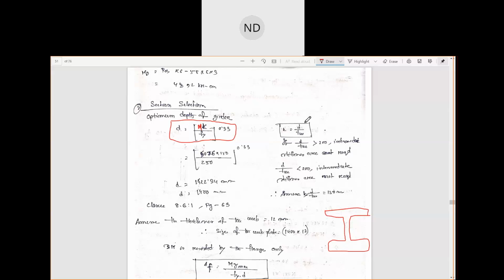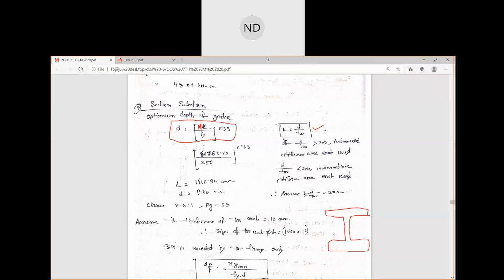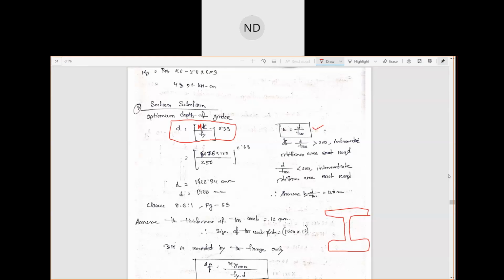What is the K value? K value is d by tw. So this K is your d by tw. Now, what is d by tw?